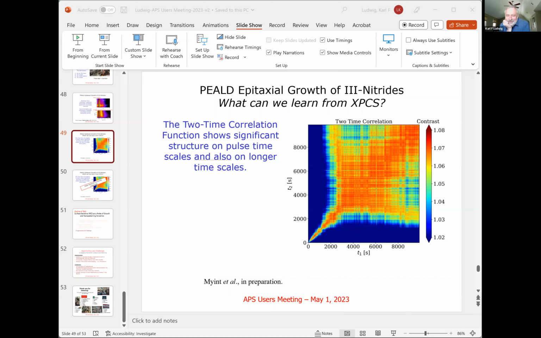So, well, that's a $64 question. If we focused more on these early stages, you see it's even stronger there. And again, we think that it could be due to sudden stress relaxation events.